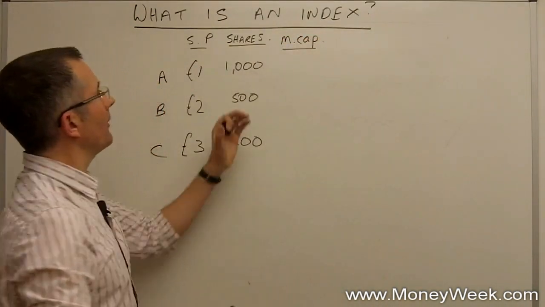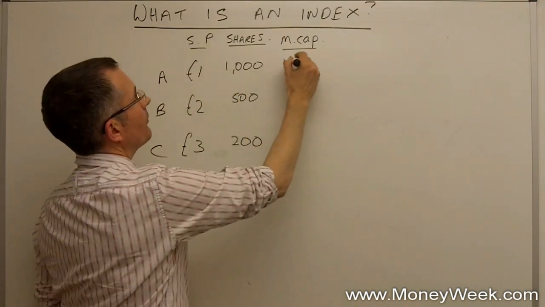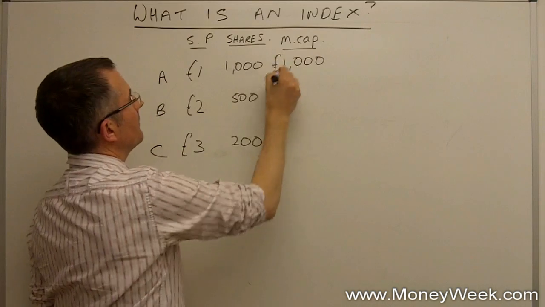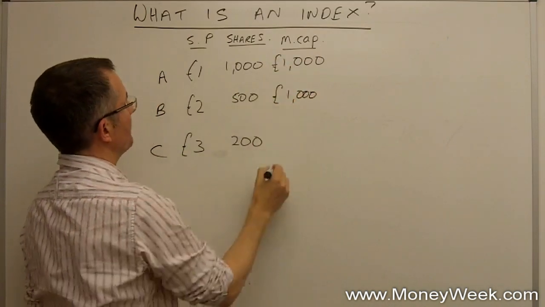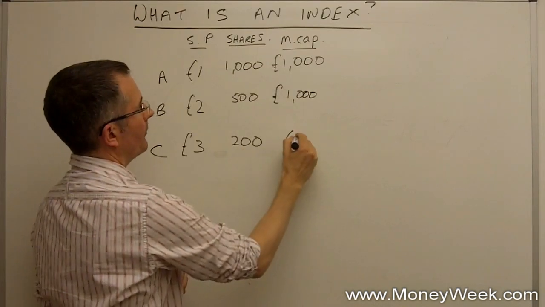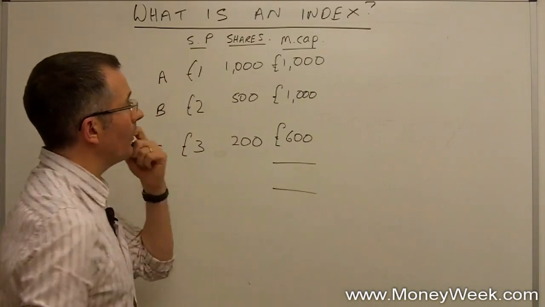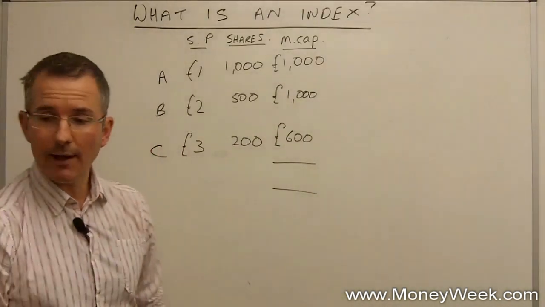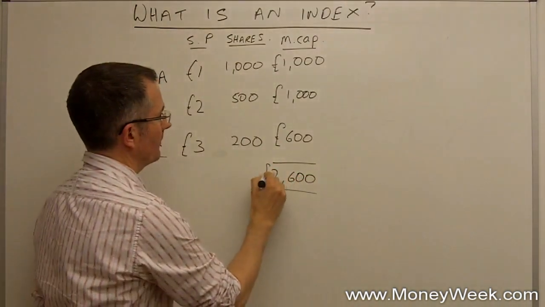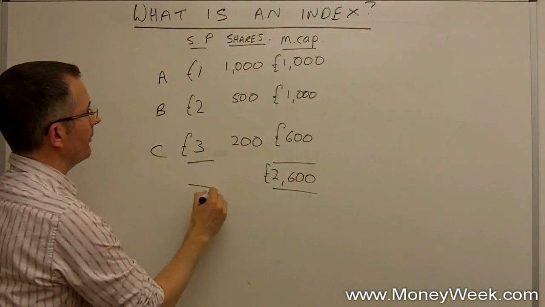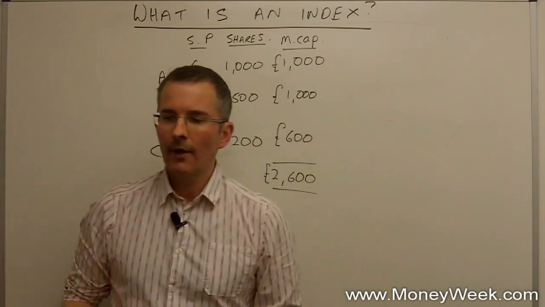Market capitalization is £1,000 for company A, also £1,000 for company B, and £600 for company C. So the total market capitalization of these three companies at the moment is £2,600. The total of the share prices is £6. So far, so what?